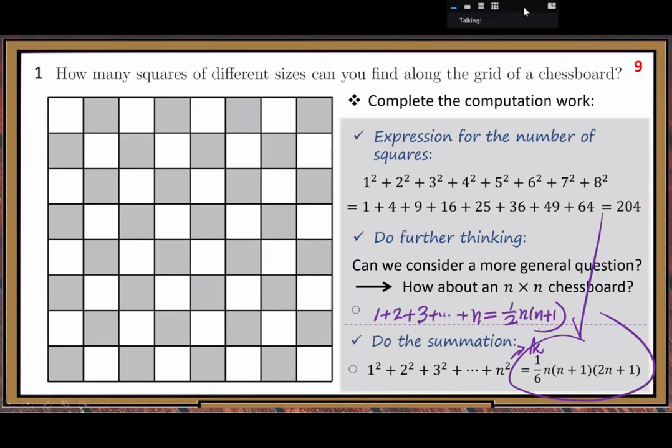All right. And here, I may also give you another interesting formula: 1 cube plus 2 cube, the first n consecutive cubes, this formula.